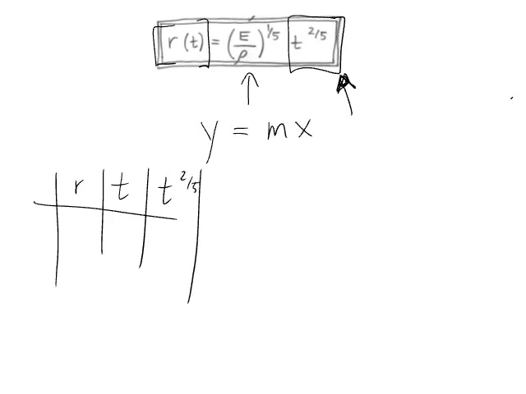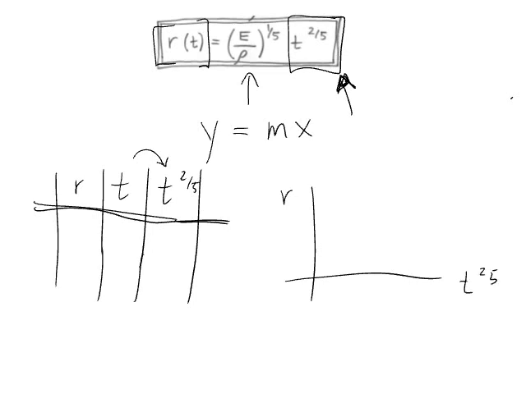You'll have to use your calculator or an Excel spreadsheet if you know how to do formulas in there, and make a new column that's time to the 2/5. Then make a graph of the radius versus the time to the 2/5 power, so along the x-axis you're going to graph t to the 2/5 power.